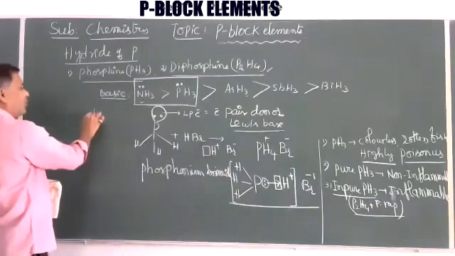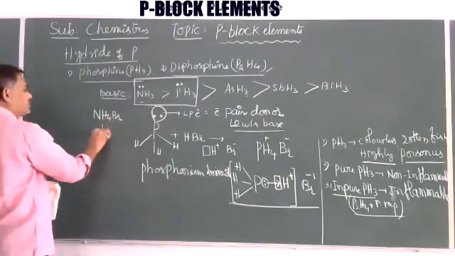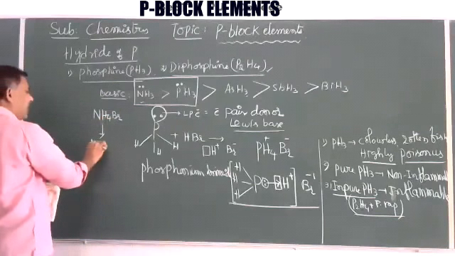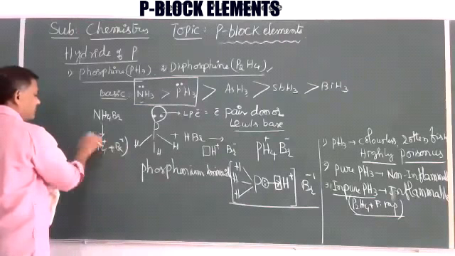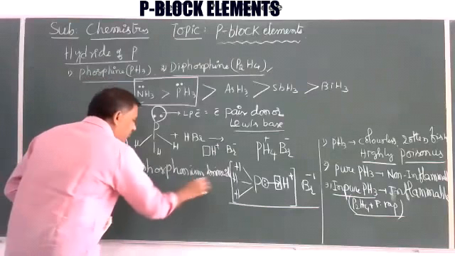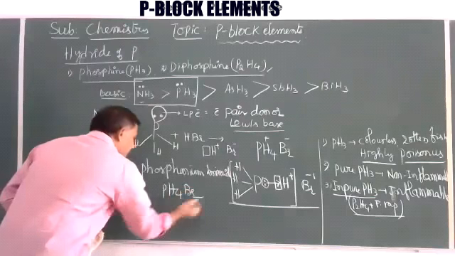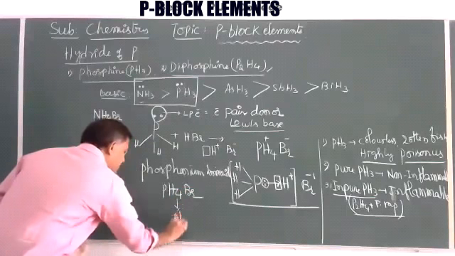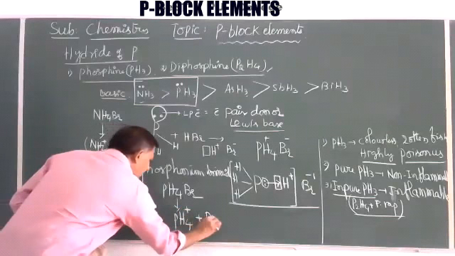Phosphonium bromide it is, just like ammonium bromide. We know the ammonium bromide formula is NH4Br. It also ionizes and gives NH4 plus and Br minus. Just like ammonium bromide, phosphonium bromide, PH4Br, ionizes and gives phosphonium ion PH4 plus and Br minus.